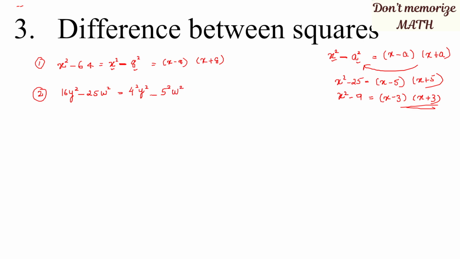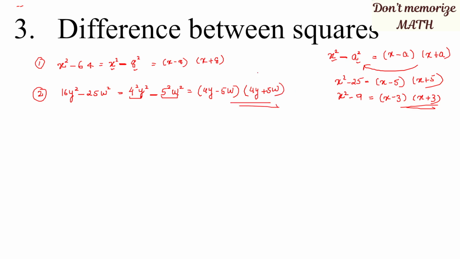Now this became difference between squares, both of them are squares, right? So just take 4y, from here take 5w, so you will get 4y minus 5w. The next one will be 4y plus 5w.